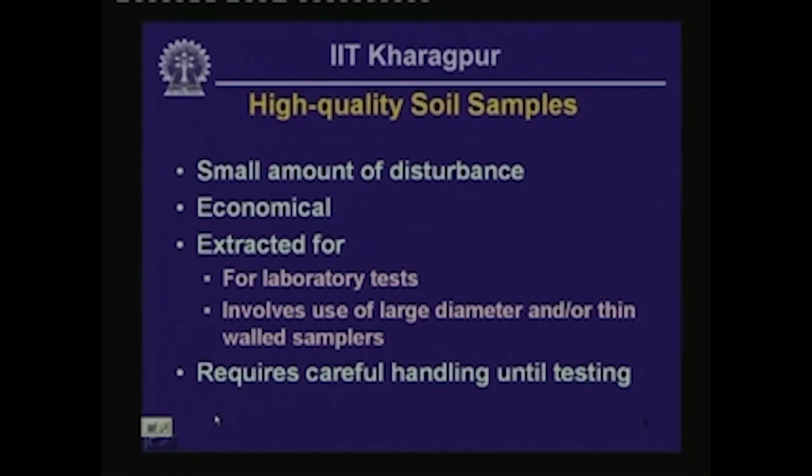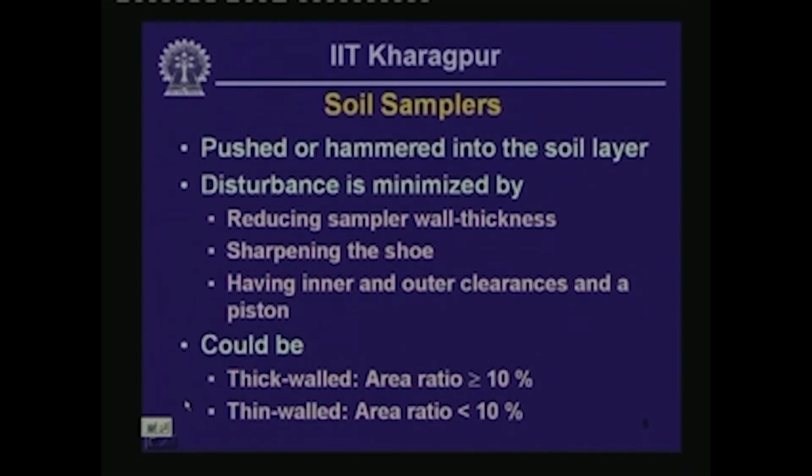As I mentioned earlier, these samples also require careful handling until they are tested in the laboratory. So, we need to look at typical soil samplers. These soil samplers are typically pushed into the soil layer, or they are hammered into the soil layer.